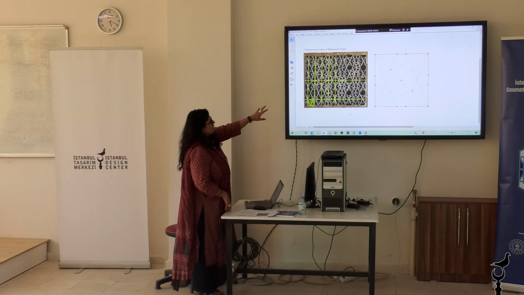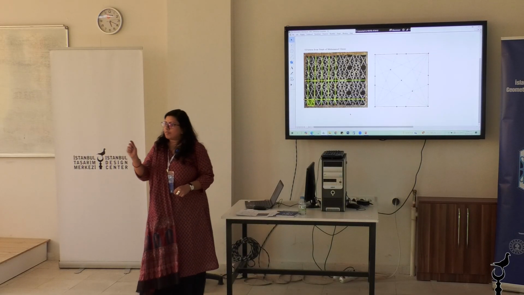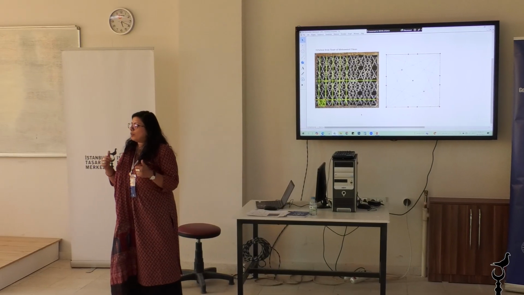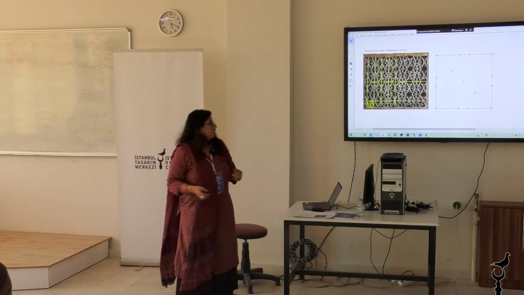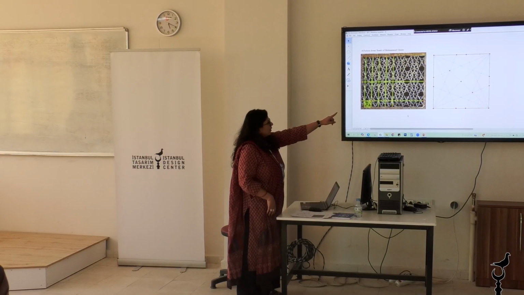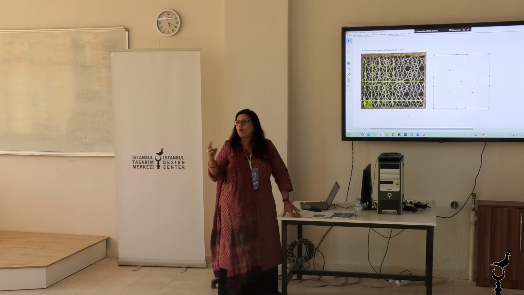So what I have done is, the square which I have given you already has the geometrical framework which I have analyzed and made for you. The first thing is I divided each angle of that square into 4 parts.